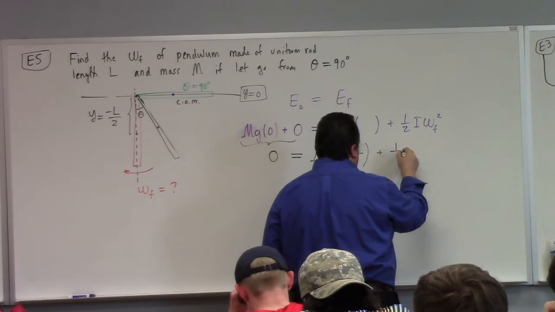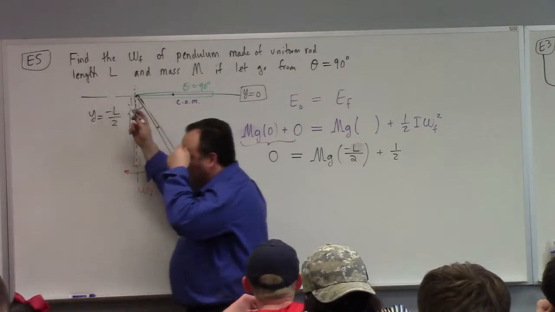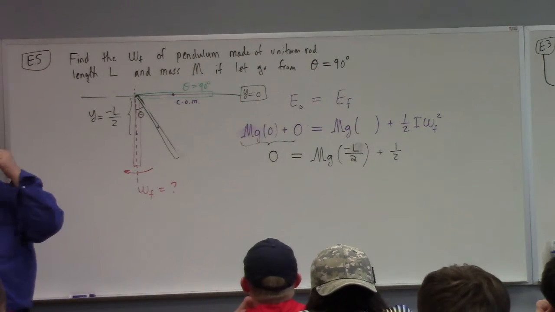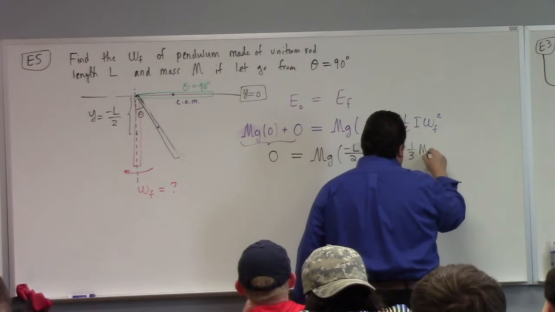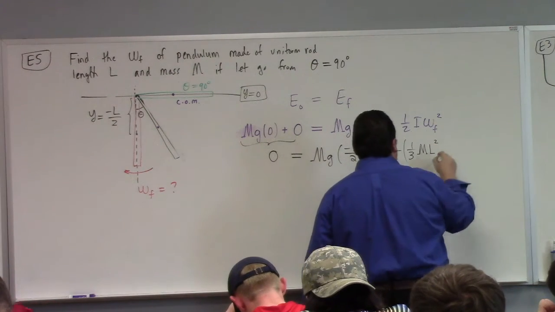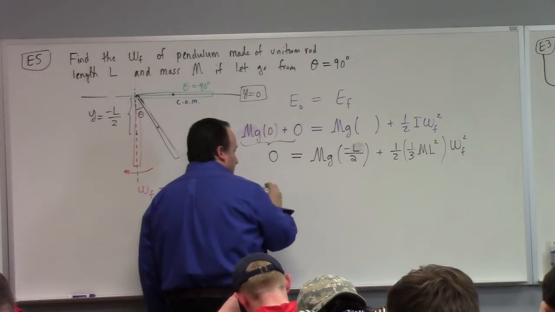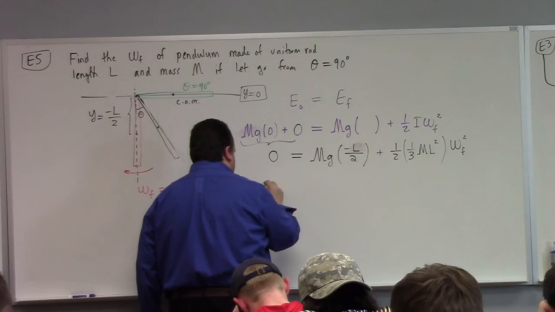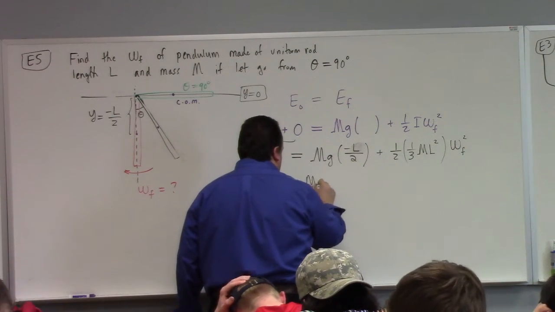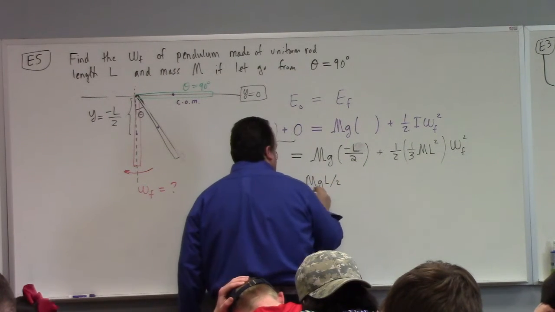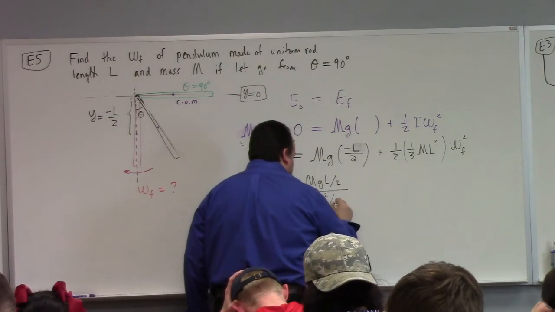So anyway, we have 1/2. What's the moment of inertia of a uniform rod rotating around its endpoint? We talked about this. 1/3 ml squared. And then we got our omega f squared there. So solve for omega f squared, what we got? Omega f squared is equal to, apparently, mgl divided by 2 divided by ml squared divided by 6.